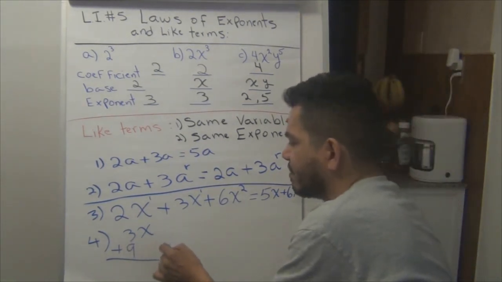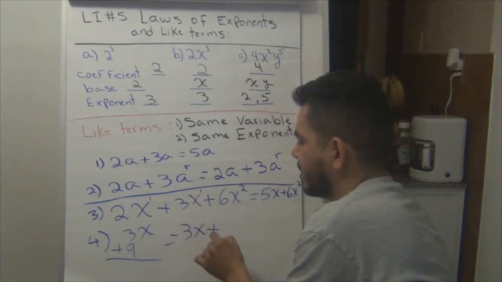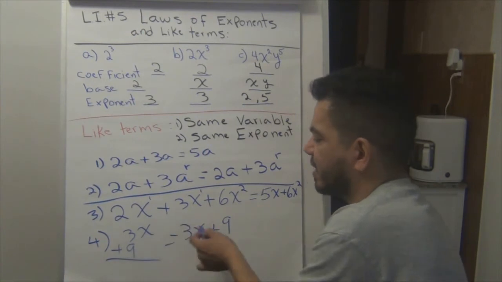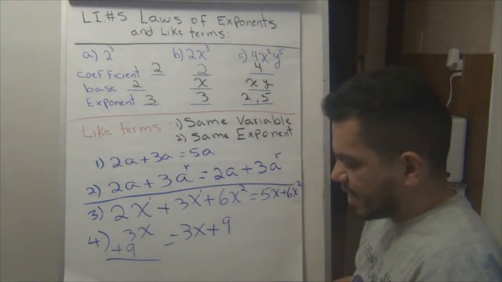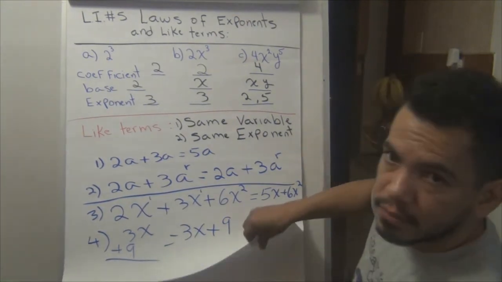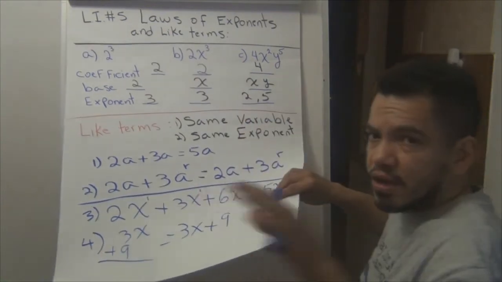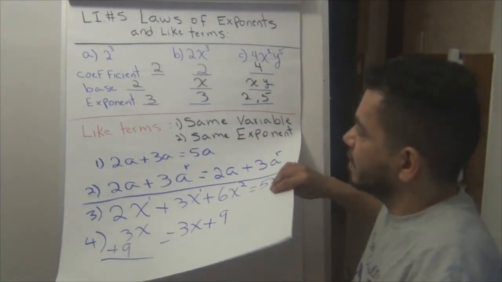So then this is nothing more than 3x plus 9. If it was a minus, then 3x minus 9. As simple as that. So that's how you play with like terms. Right? So I hope you copy that. You have your notes. Remember, your notes are the most important tool for you to study.